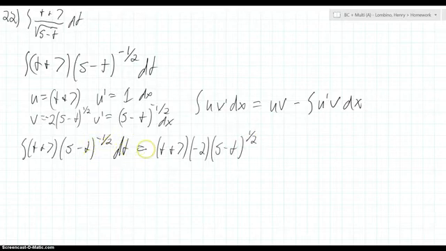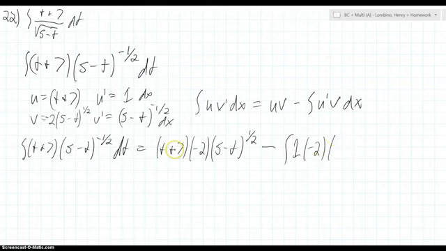So we got that. That's that bit right there. Minus the integral of 1 times negative 2 times (5 minus t) to the 1/2.